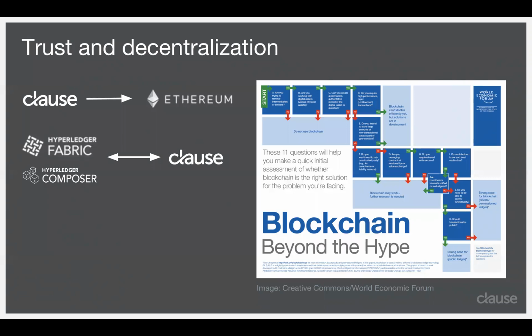Or you could have a very lopsided or one-sided business relationship where the smart legal contract is going to execute in one of the contracting parties' data centers, or in the cloud as a fairly traditional software as a service offering. So the Clause architecture is designed to support all of these different use cases.